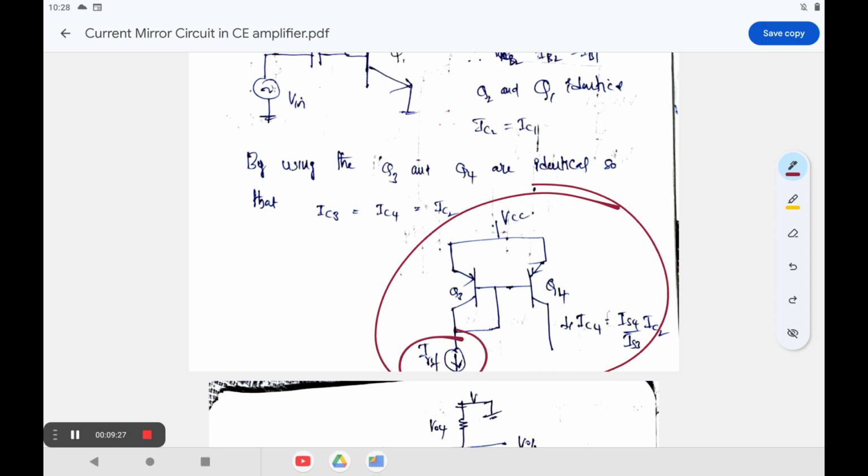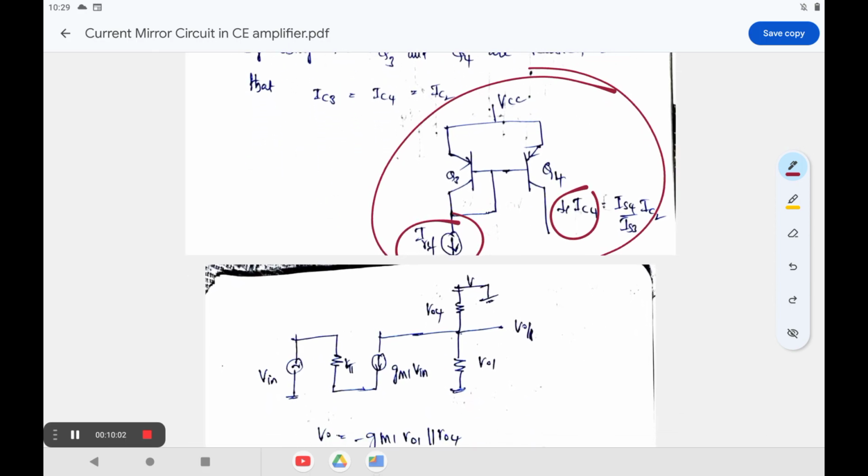Therefore, the reference current is the current passing through the corresponding Q3 transistor. At the same time, IC4, the current passing through the Q4 transistor, is equal to IS4 by IS, that is, the reverse saturation current of the Q4 transistor divided by the reverse saturation current of the Q2 transistor, multiplied with IC2, which is also called the reference current, and that gives rise to the I4 current.